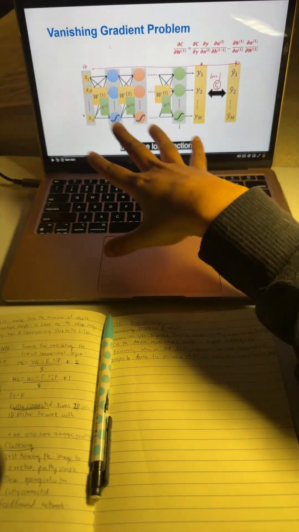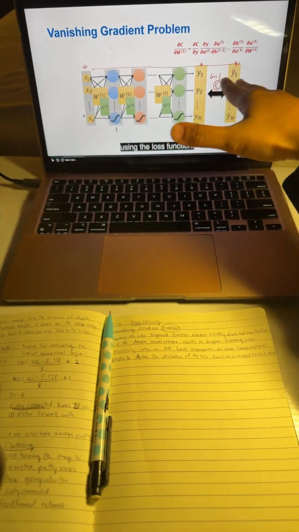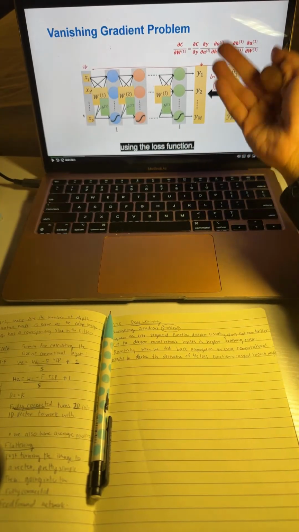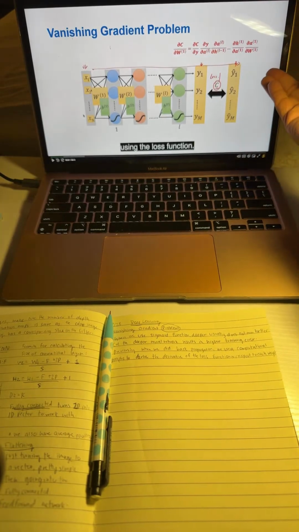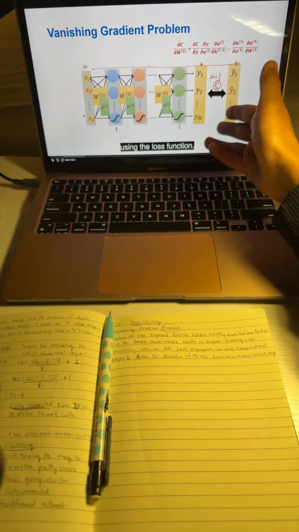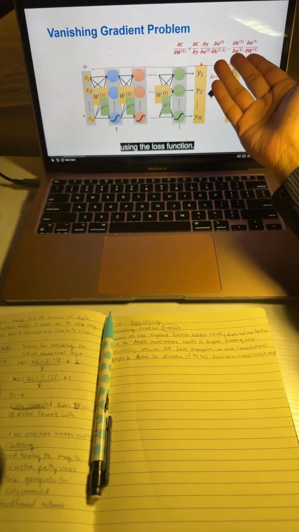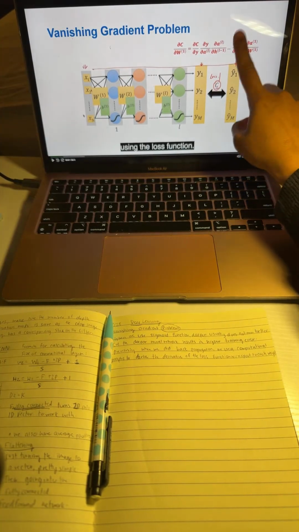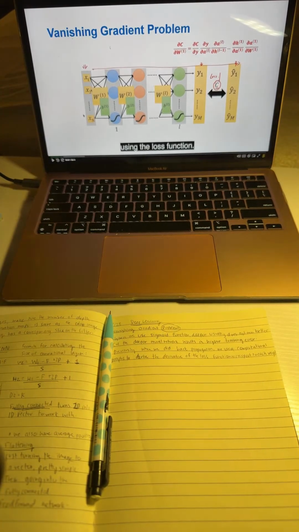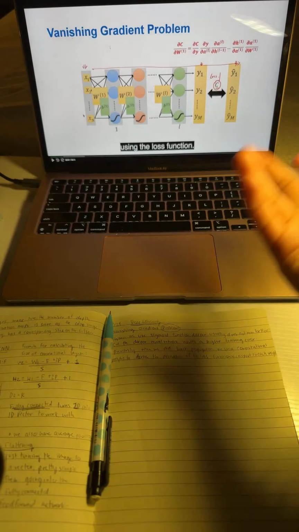Because this is a basic neural network, and this is a problem that we have called the vanishing gradient problem, which kind of defeats all our progress once we take the derivative, which is actually the partial derivative here. So, hope that makes sense.